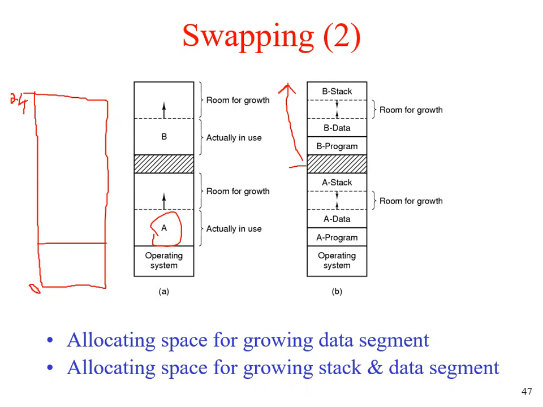From position 0 to 5, we have process A. Up to segment 8, the memory hasn't been allocated to anything. Does that make sense? Then from segment 9 to segment 16, this has been allocated to B.